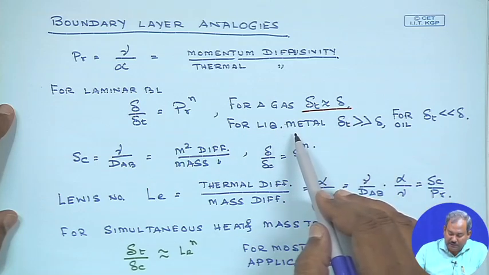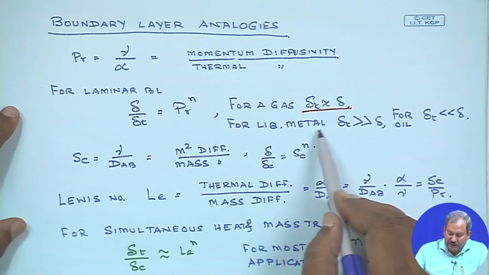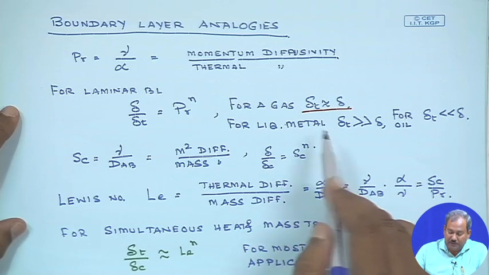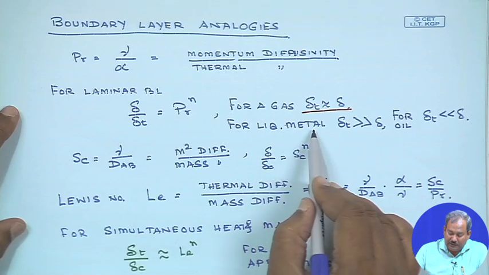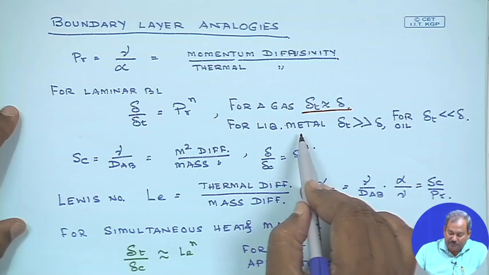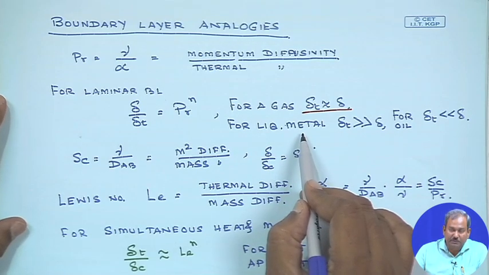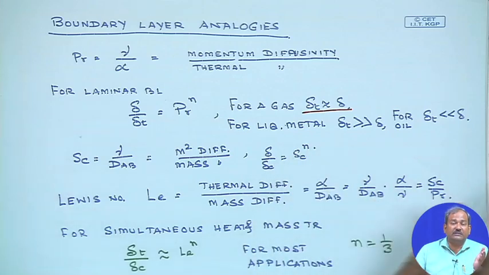But for a liquid metal, the value of K is very large, the thermal conductivity of a liquid metal is so high that the effect of the solid surface in contact with the liquid will be felt at a greater distance inside the liquid metal.